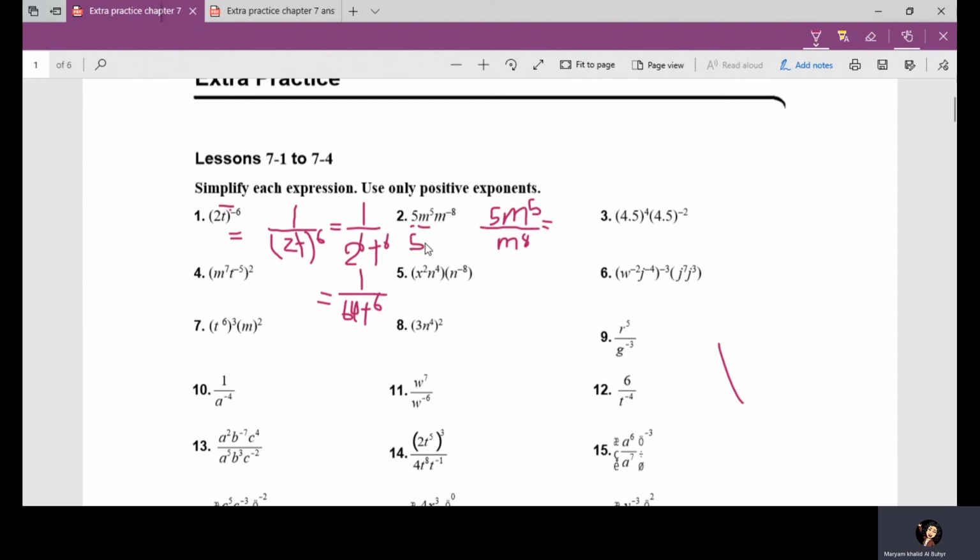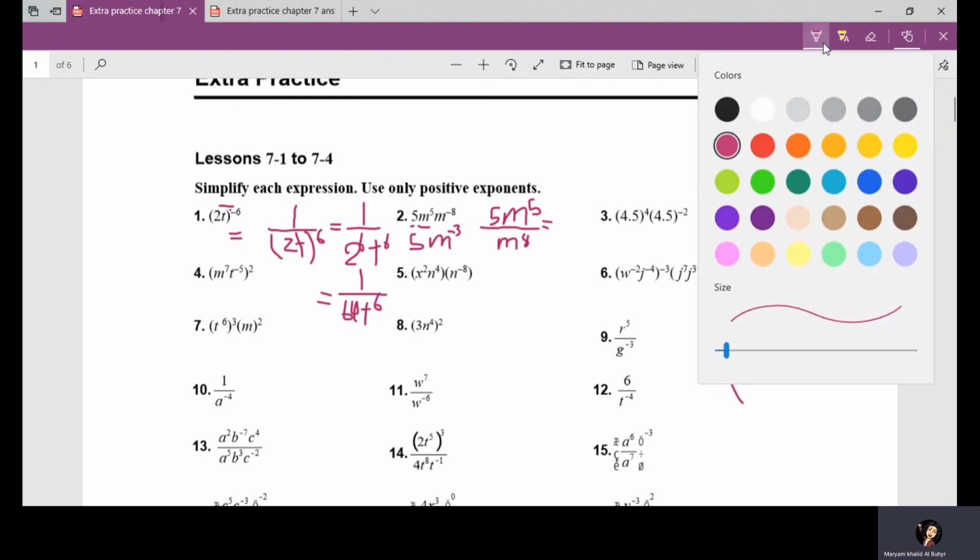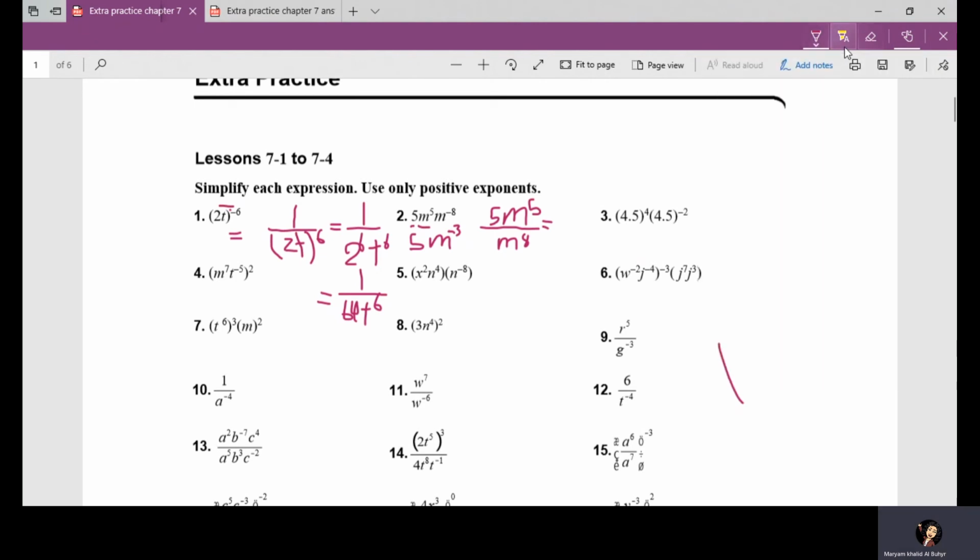So directly you can say 5m to the power negative 3. Let me erase this one. It will work, but it's longer. So let's have the shortest steps. So that will equal 5 over m to the power 3.